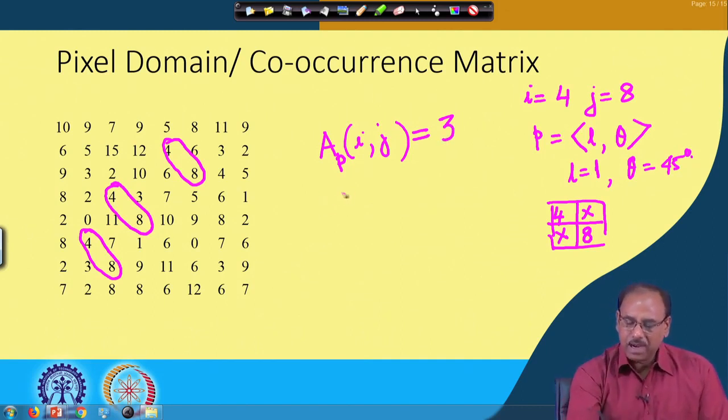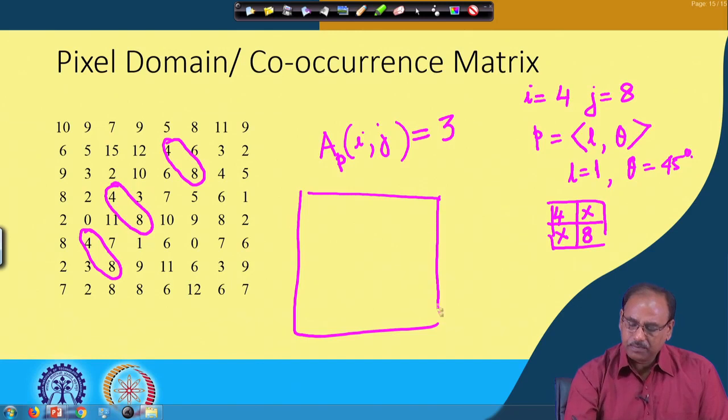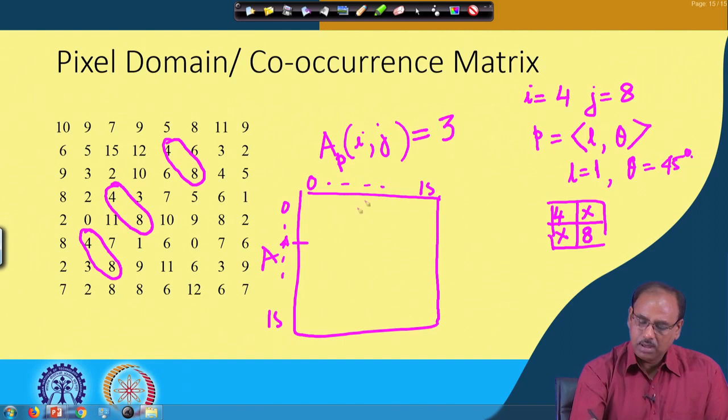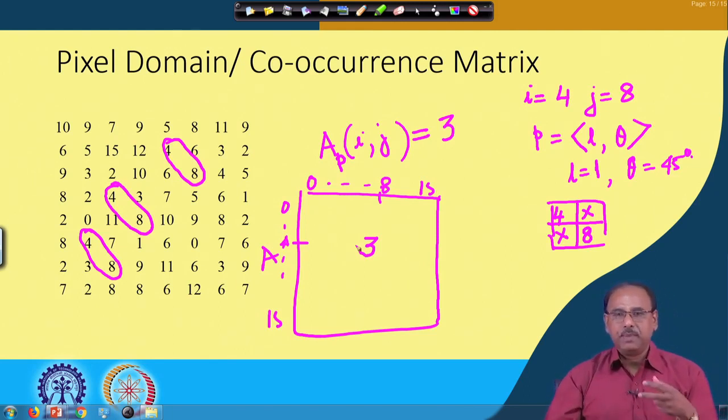So, my co-occurrence matrix is a matrix A having 16 elements from 0 to 15 horizontally, 0 to 15 vertically, and at location 4, 8 the value is 3, indicating that this pair of intensity values 4 8, following this positional constant p, occurs 3 times in this given image, and that I compute for all values of i and j.